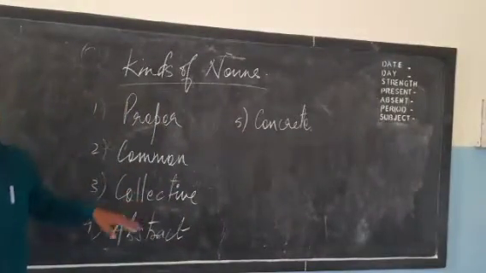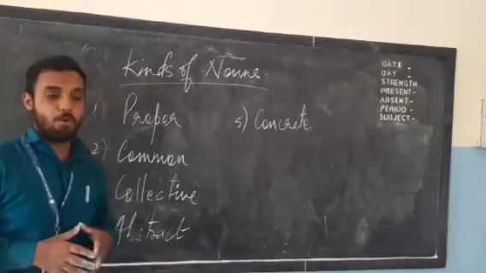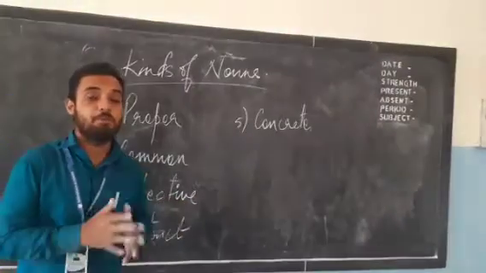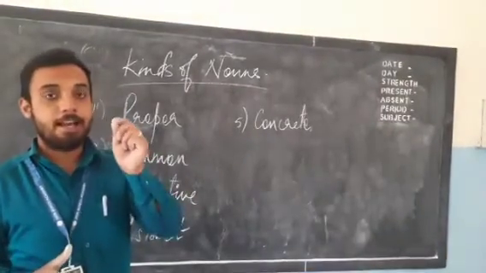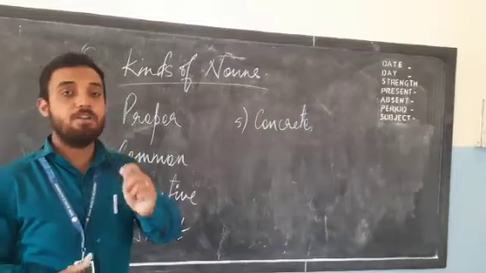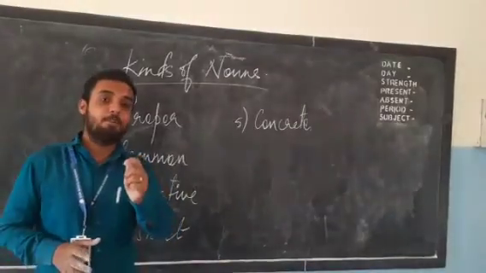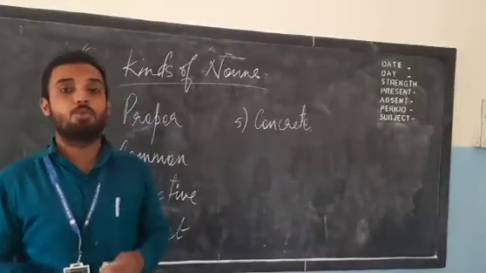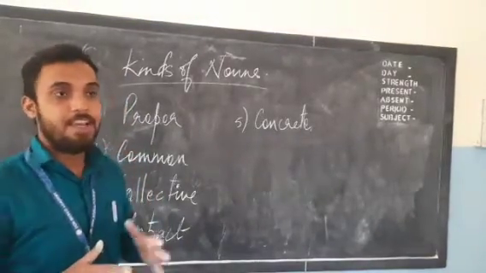Next is collective noun. What is a collective noun? A collective noun always tells us about a collection of something, a group of something. That one word which tells us about a collection of something is known as a collective noun.